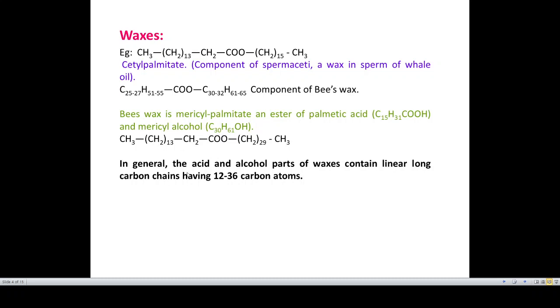In general, when I take the acid and the alcohol parts of waxes, they are linear long carbon chains, and the number can vary anywhere between 12 to 36 carbon atoms, both in the acid component and the alcohol component of the waxes.